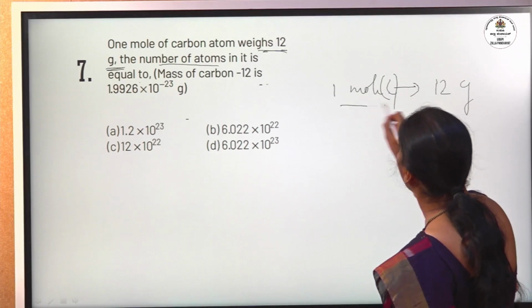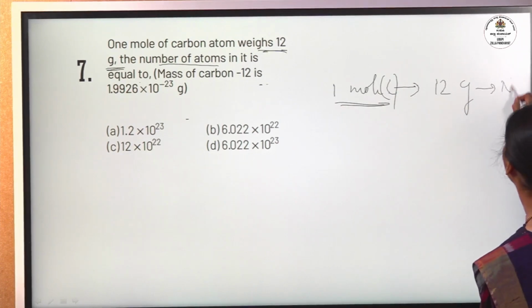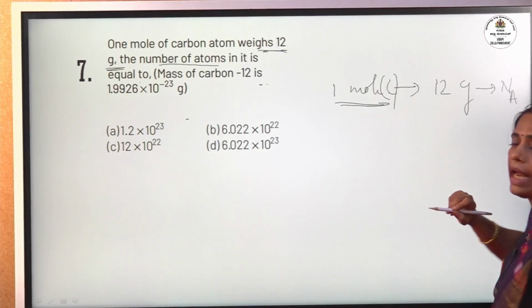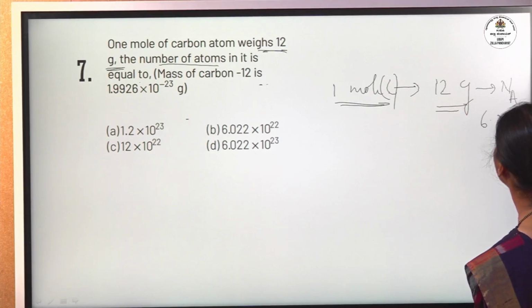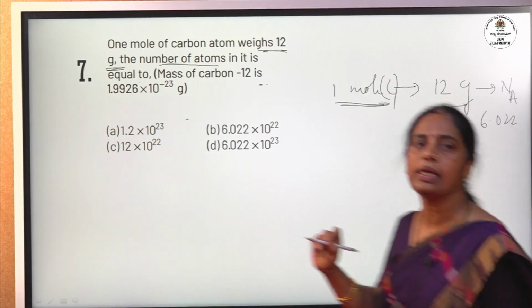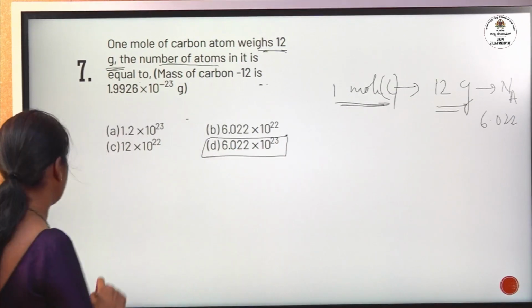We know that 1 mole contains Avogadro number of carbon atoms. So 12 gram contains 6.022 into 10 to the power 23. This is the value of Avogadro number. This is the correct answer.